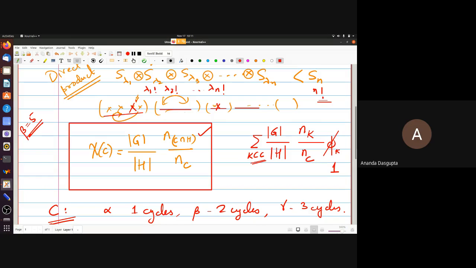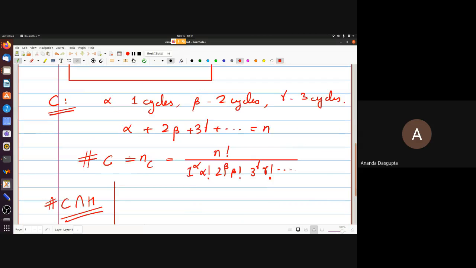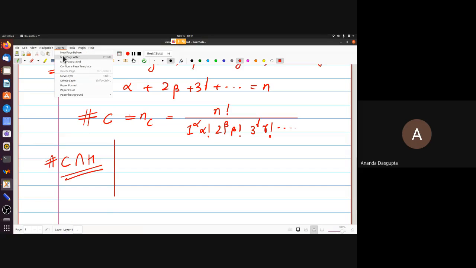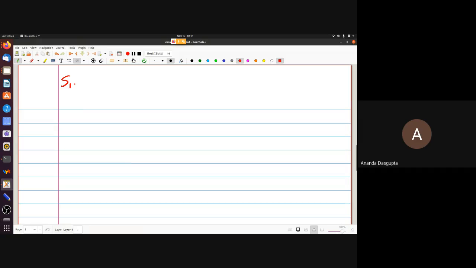Let me make it more specific by looking at a particular example. Let's say we are looking at S10, and 10 has several partitions, but this is one of them, 5 plus 3 plus 2. So you have 5 objects, 3 objects, and 2 objects.